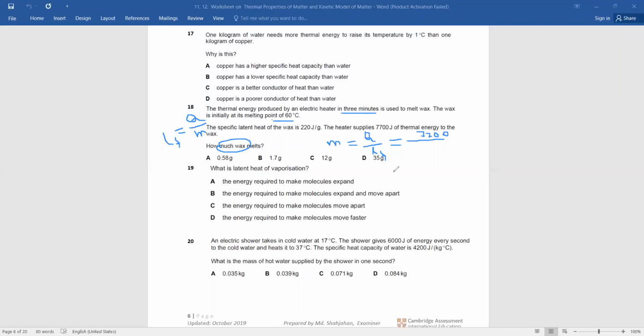So here it is coming 35, so it is D, right? 35 grams. Everyone should write the explanation also, the formula and the numericals I'm writing. Question number 18 is done.